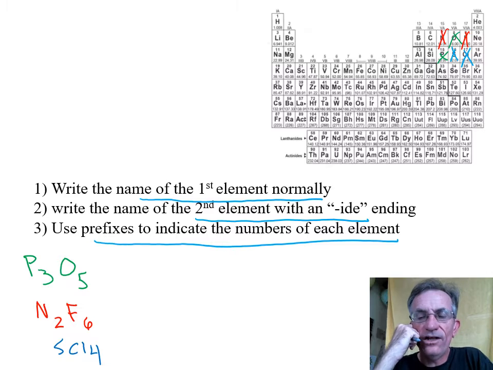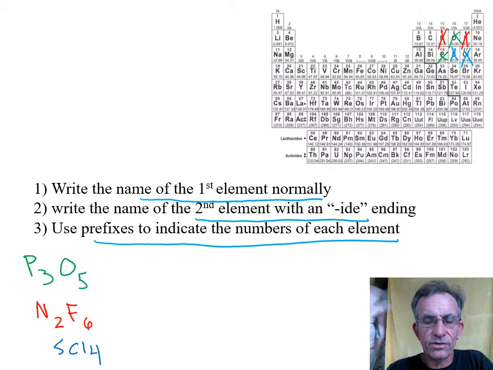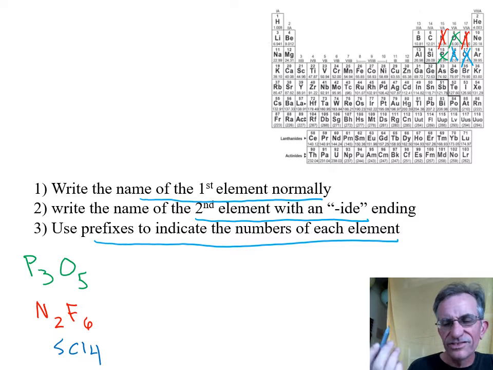The way you tell me how many there are of something is with prefixes. So let's go through those prefixes. There's a bunch of them. I'm just going to go through 1 through 6. If you need to know more than 6, you could look it up, or maybe I'll put it in the notes. So 1 through 6 are the most common ones.